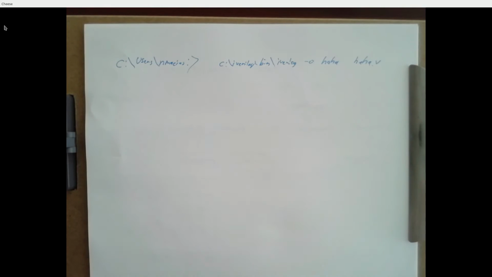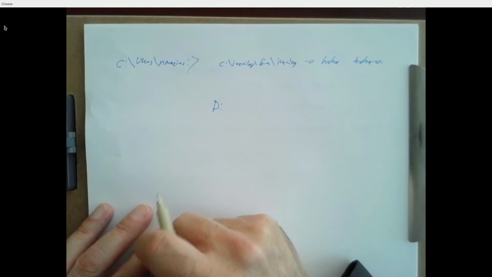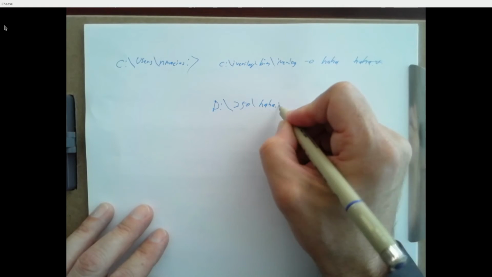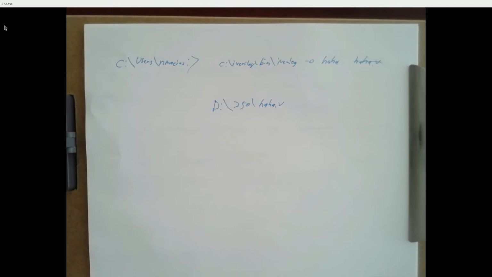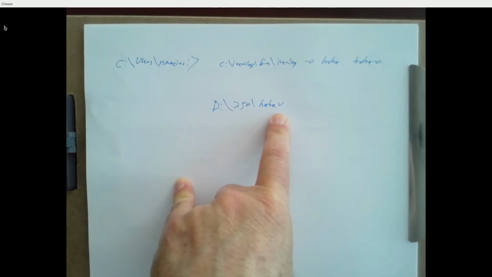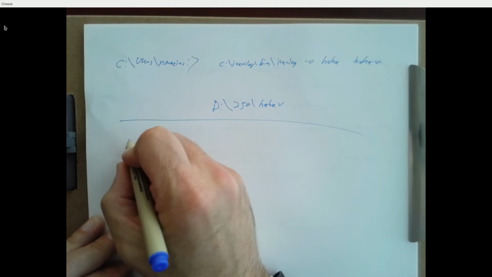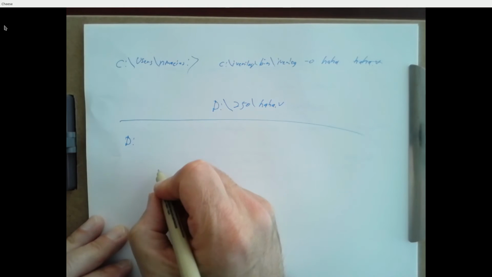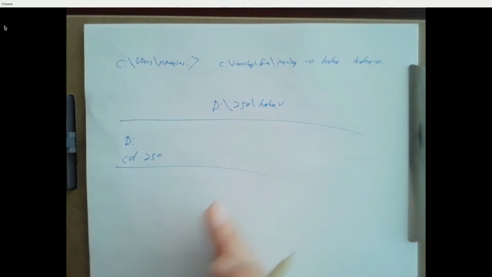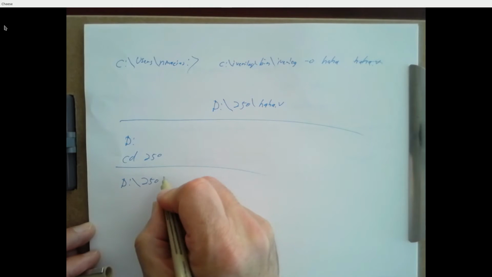If I've got this file haha sitting on a flash drive, I could say something like, if my flash drive is on D:\250\haha.v. Now it's going to look on my flash drive in a directory called 250 for a file called haha.v. But the other option is just type D:, and then change to the current directory 250, and now I'm sitting in this directory, and my prompt is probably something like D:\250>.